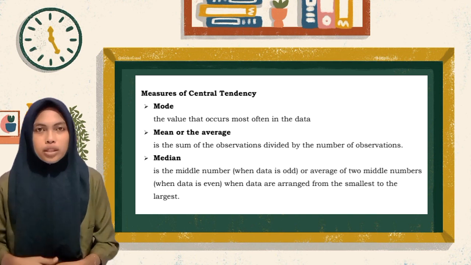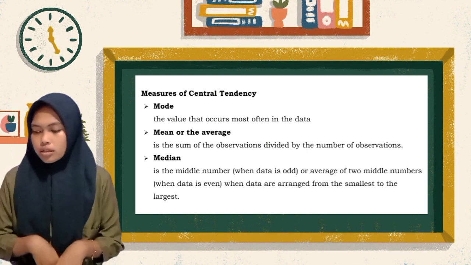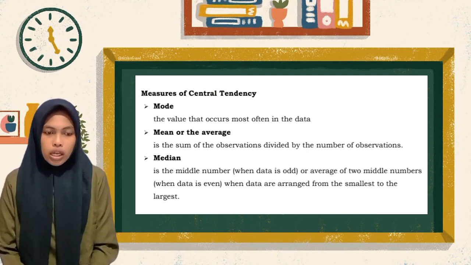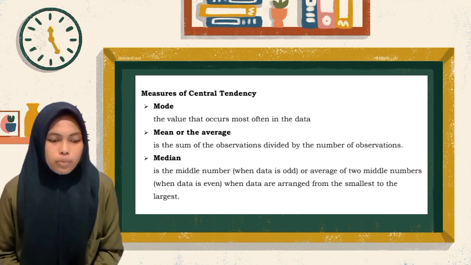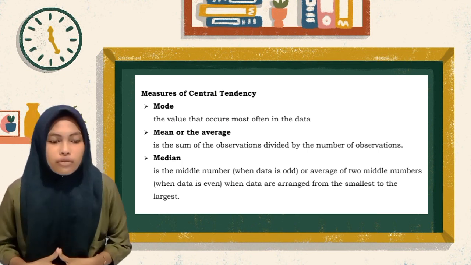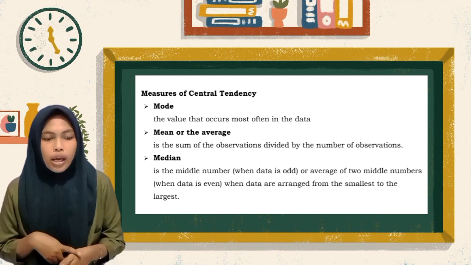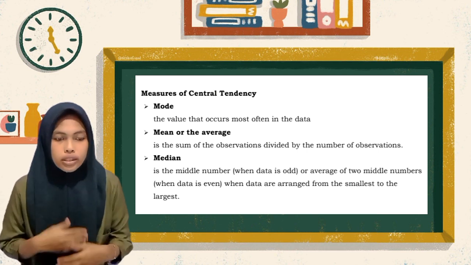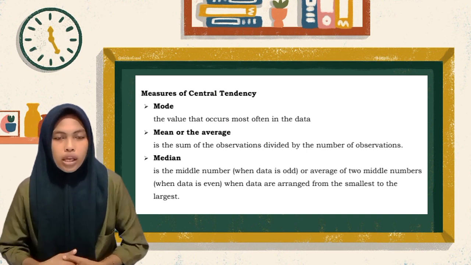Next, my presentation about statistics. In statistics, we can study measures of central tendency and measures of dispersion. Measures of central tendency are mode, mean, and median. What is the meaning of mode? Mode is the value that occurs most often in the data.